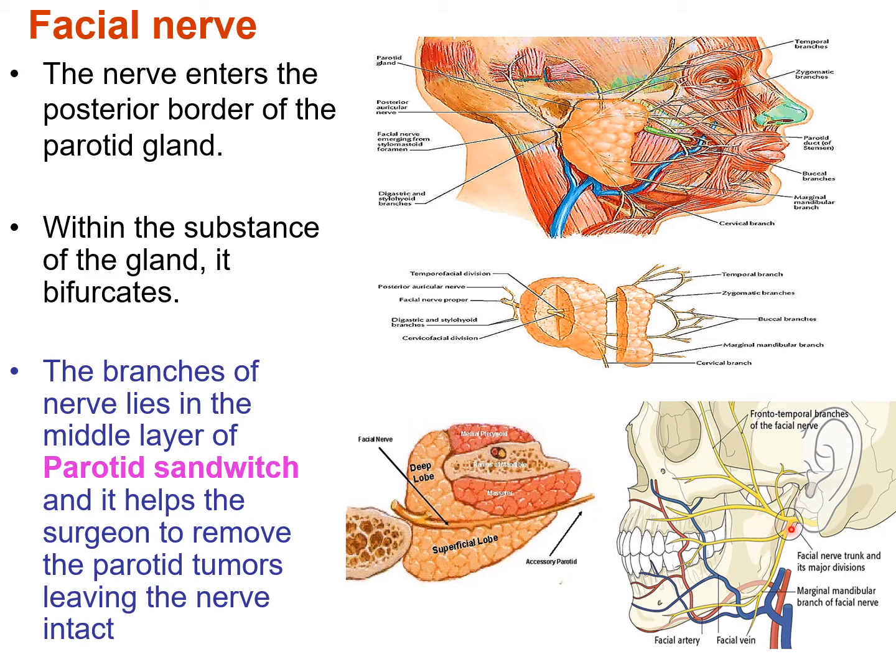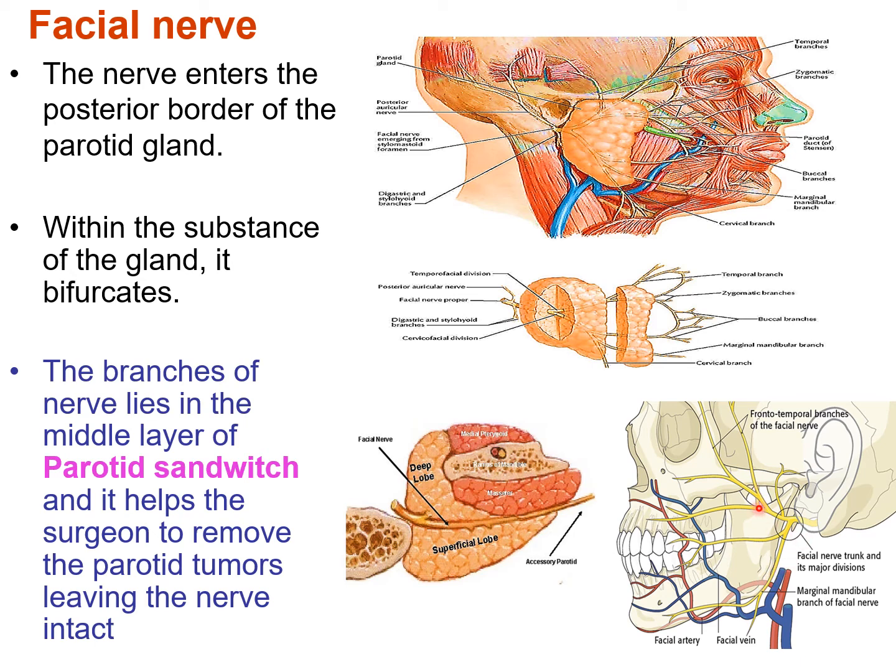Within the substance of the gland, the facial nerve bifurcates into superior frontotemporal and inferior cervicofacial divisions. So the facial nerve bifurcates into two divisions, the superior and inferior.